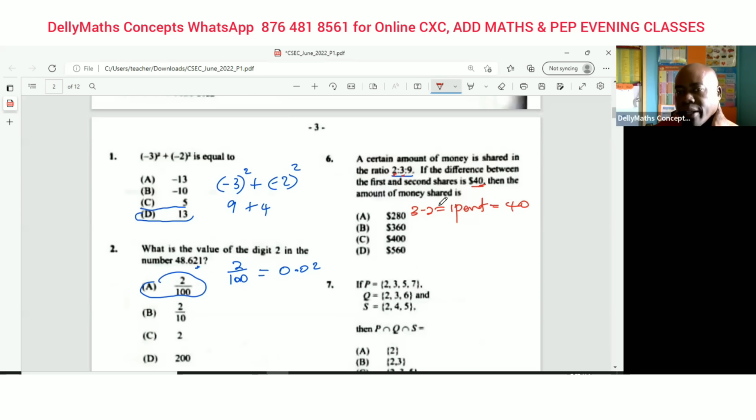So 1 part is 40. The total parts, 2 plus 3 plus 9, that's 14. So then we want to multiply 14 times 40, whichever way you want to do it. So this is 560.